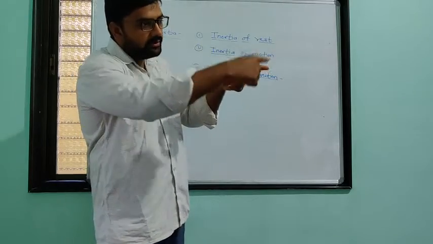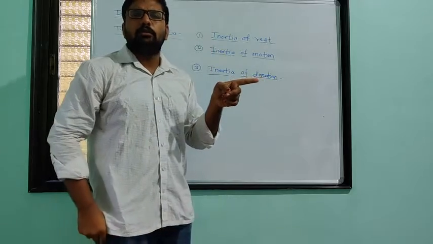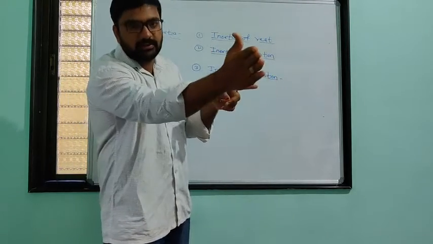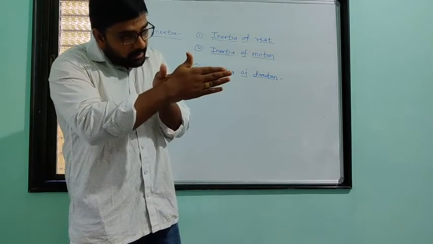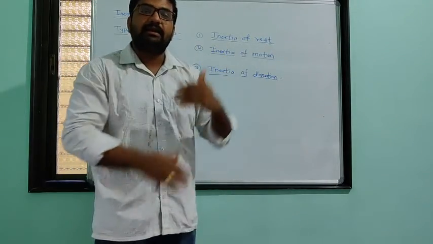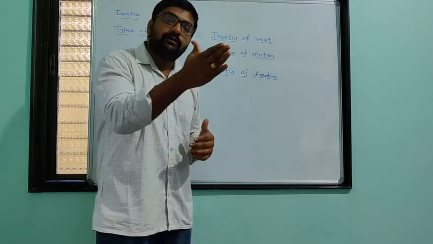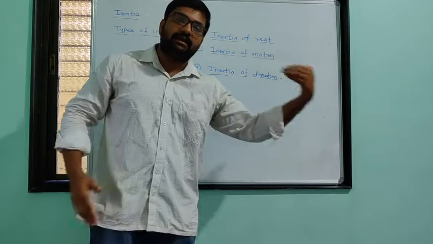Now we have to move in this direction, so we have to change our direction. We change the direction of the bus, but our body still wants to move in the original direction. It does not change its direction very easily. So that is why if we take a turn, our body moves in this direction.